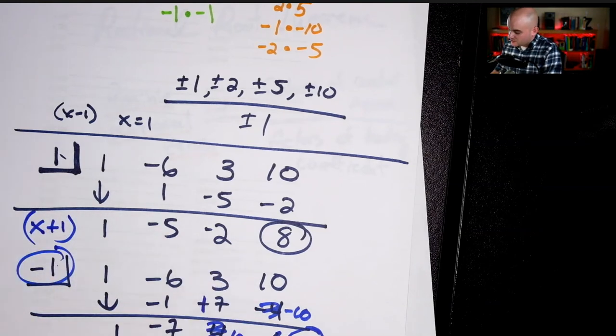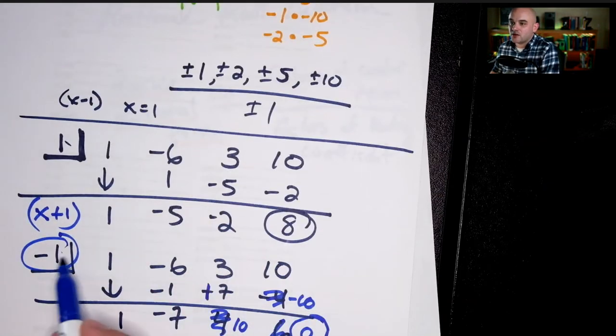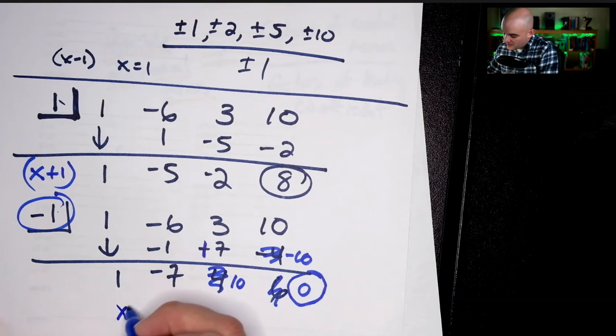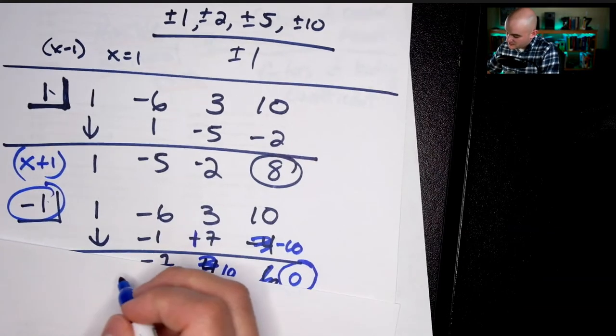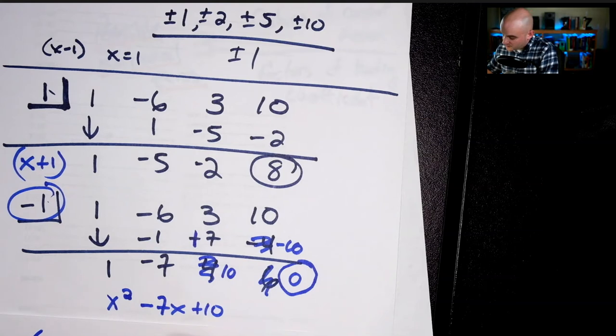So when it's all said and done, what happens when I divide this function by x plus 1? Remember we go 1 degree less, this is 1x squared minus 7x plus 10 is how many times x plus 1 goes into it. Or another way to say that is we've just factored it into x plus 1 times x squared minus 7x plus 10.